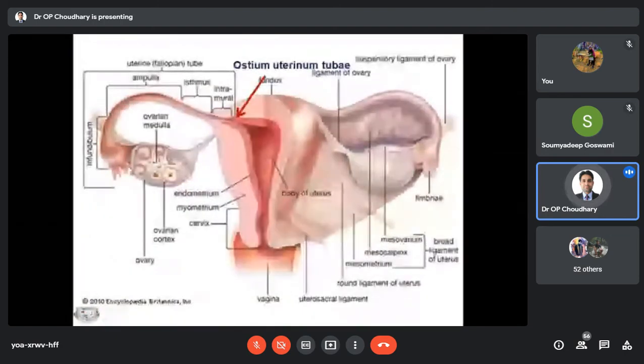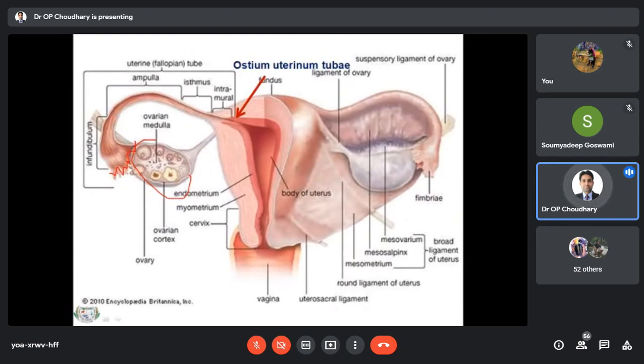You can see here, this is the ovary, and here is the fimbriated part of the infundibulum, this part is the ampulla, and this part is the isthmus. There is one small opening that connects the oviduct, or the fallopian tube, with the horn of the uterus. That opening is called the ostium uterinum tubae.